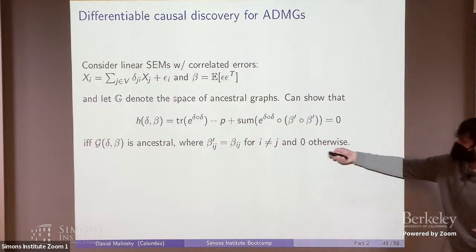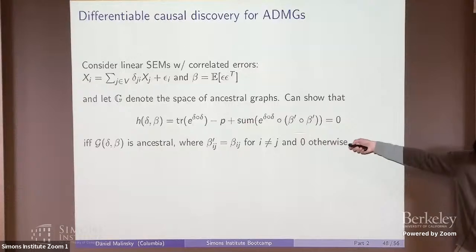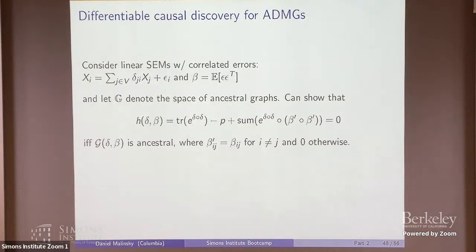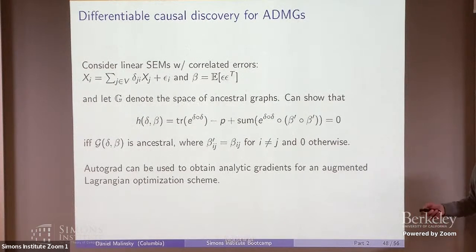So the first part of it is basically just acyclicity. And then the second part of it counts the number of ancestrality violations. So if I define this kind of thing, I can do the same procedure, try and minimize some sort of score metric while satisfying this constraint on the parameters.